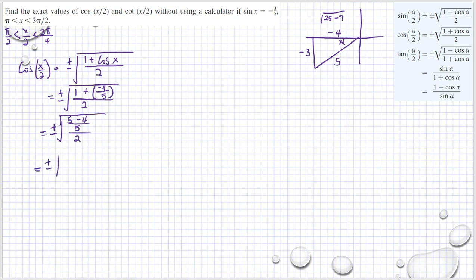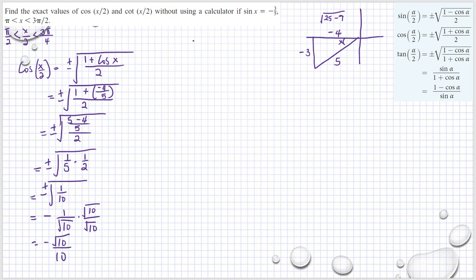Then plus minus the square root of 1/5 multiplied by 1/2, which is plus minus the square root of 1/10. And cosine in the second quadrant is negative, so we choose negative. So we have 1 over square root of 10, or if we expand it, negative square root of 10 over 10.